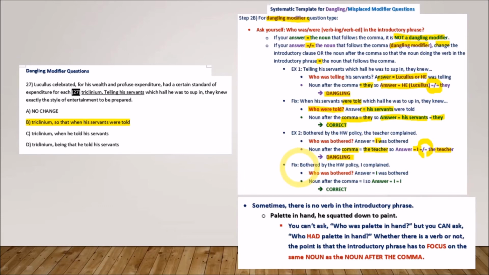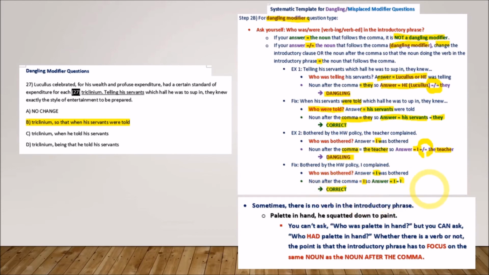Now let's look at the fix. "Bothered by the homework policy, I complained." And you ask again, who was bothered? And your answer is, I was bothered. But now the noun after the comma is I, so your answer, which was I was bothered, equals the noun after the comma, I, and the sentence is corrected.